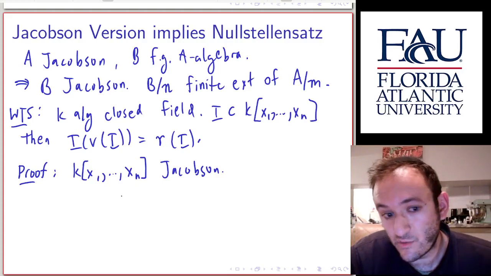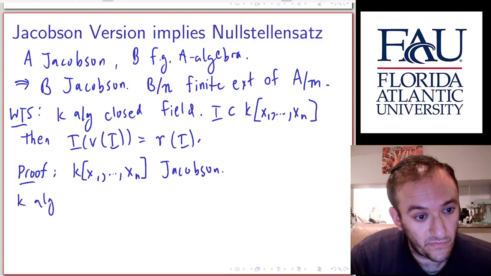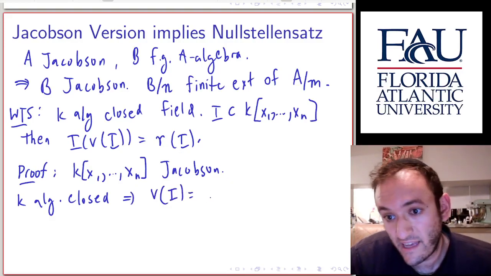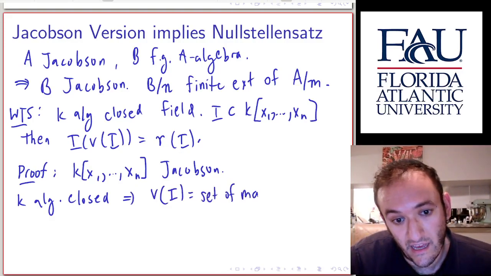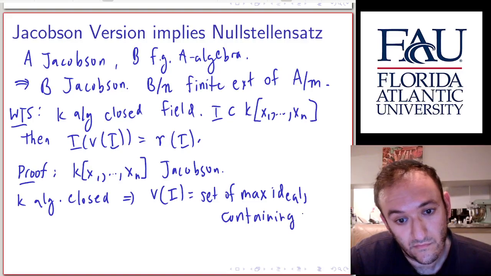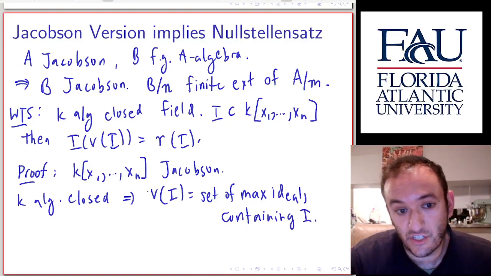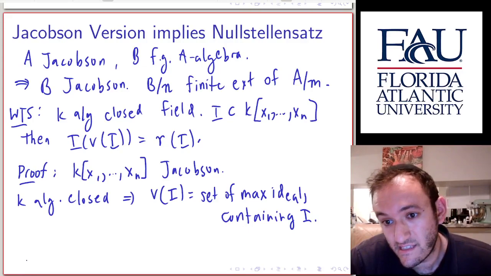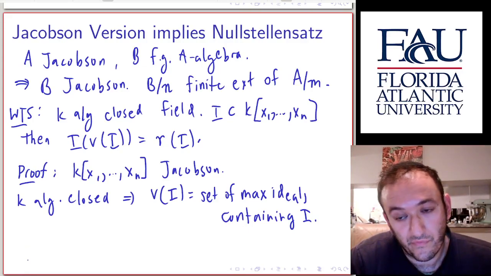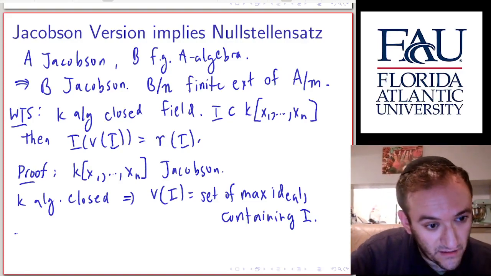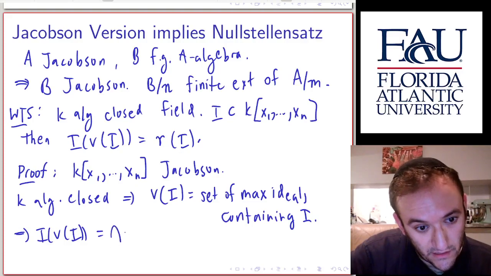Okay, when K is algebraically closed, that means that V of I is equal to the set of maximal ideals containing I. But because this is a Jacobson ring, I of V of I is the intersection of all of those. This is the intersection of the maximal ideals.